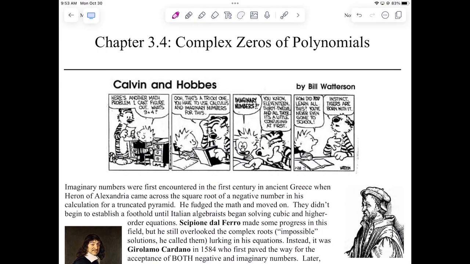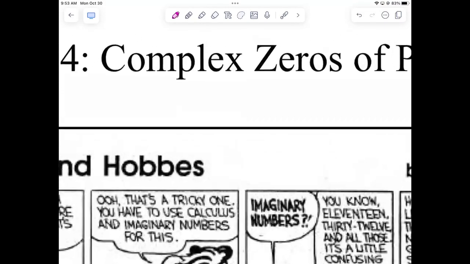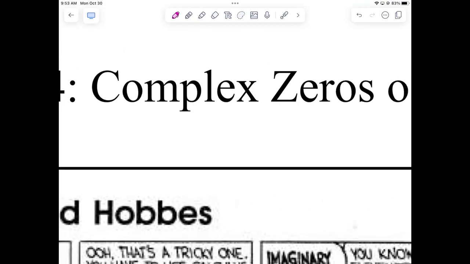In this section, we're going to learn about complex zeros of polynomials. Now, what are complex numbers? Let's look at it. The complex number system is this. We abbreviate it with the letter C. Just like the double bar R is the set of real numbers, the C is the double bar C. It means the complex numbers. And we have to use set builder notation here.